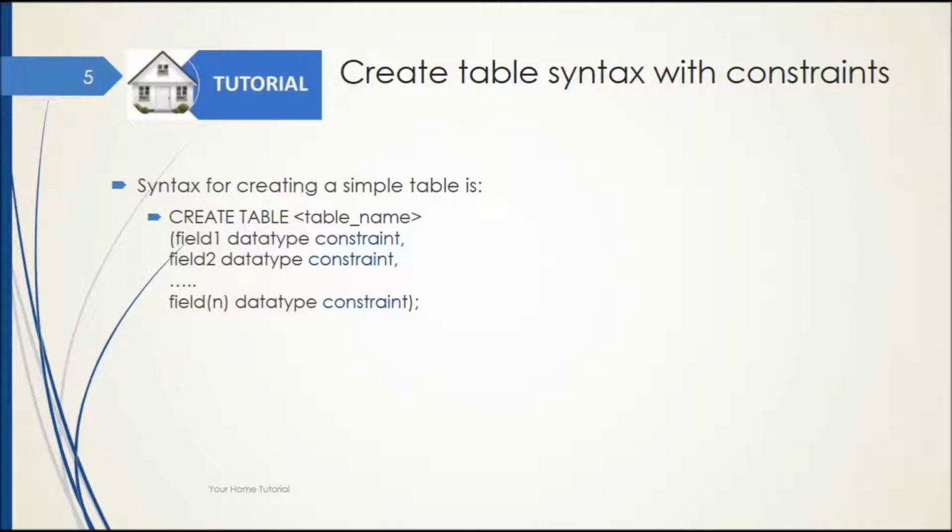So when I'm creating department table, it will be like create table department, dept_id varchar(10) primary key, comma, dept_name varchar(50) not null, because I don't want it to be null, so I'll use not null, and that's it. So this is how I can create a table using constraints.